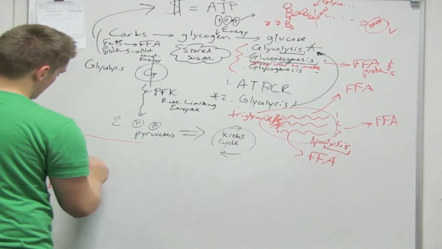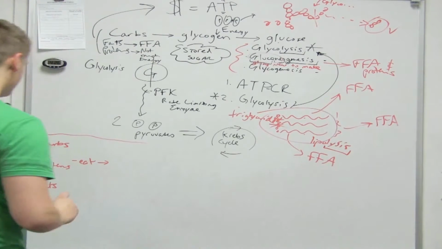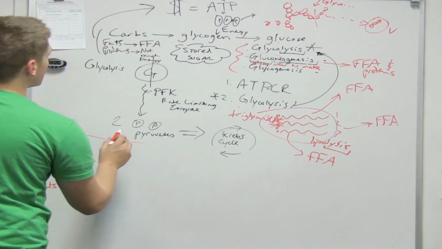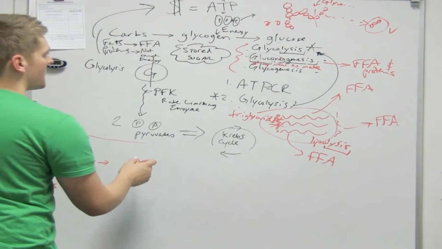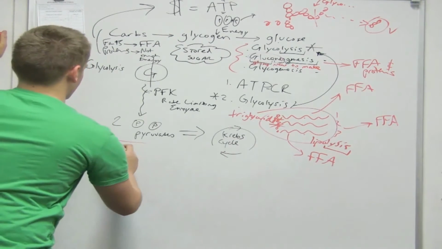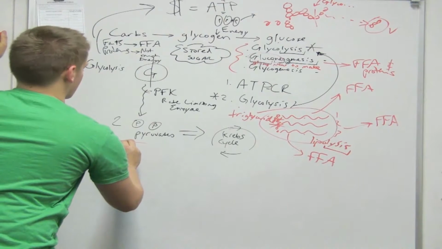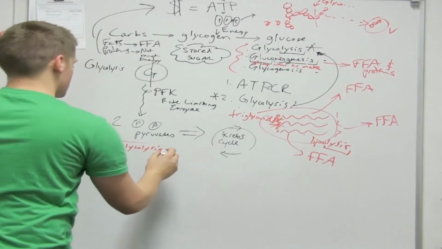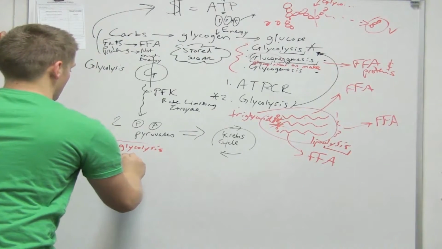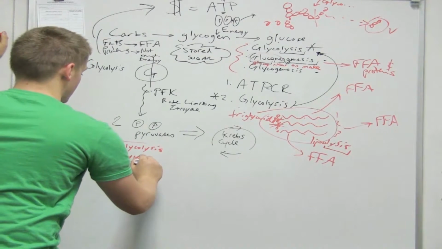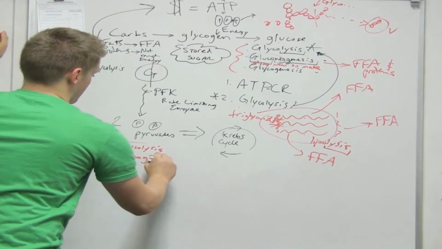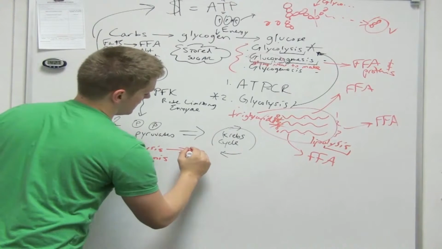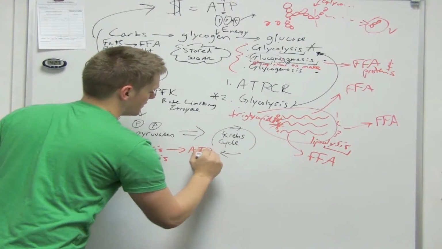So, carbs undergo glycolysis or glycogenesis. This goes to ATP or energy.